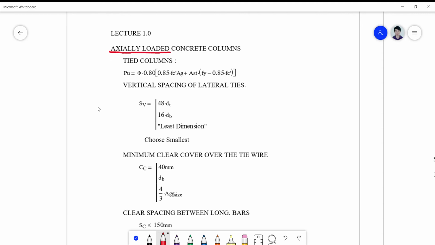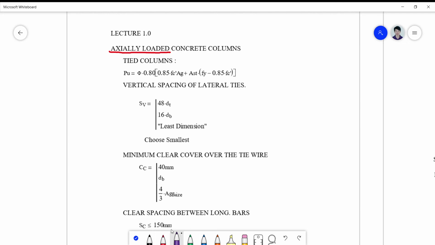Axially loaded columns, or concrete columns, are those columns in which the line of action of the force is concentric, which means that it passes through the longitudinal axis of the member.